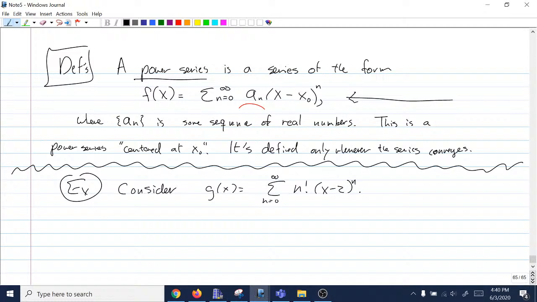Here's a power series that's centered at 2 is the word I'm looking for. The problem I'm likely to give you is find when this converges.